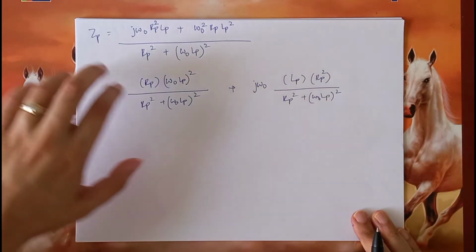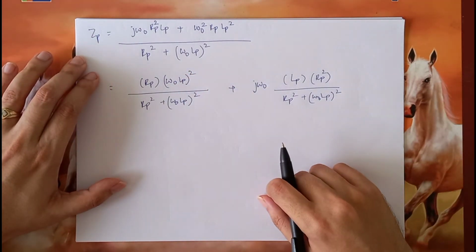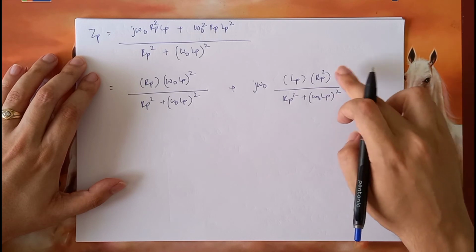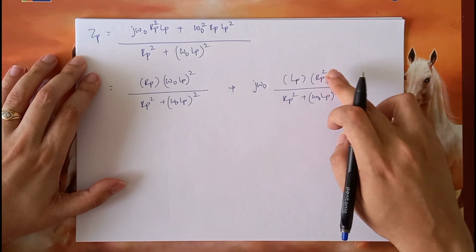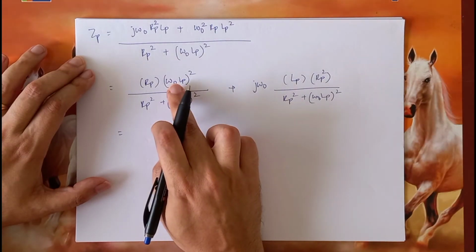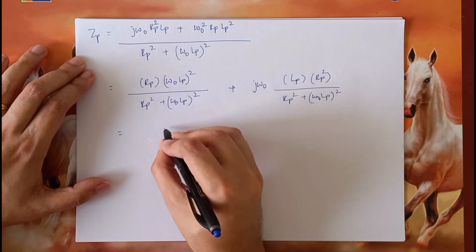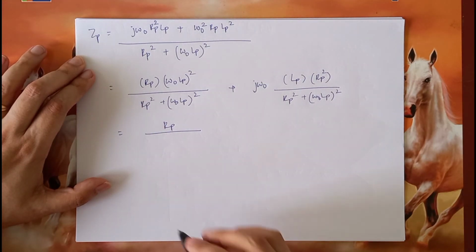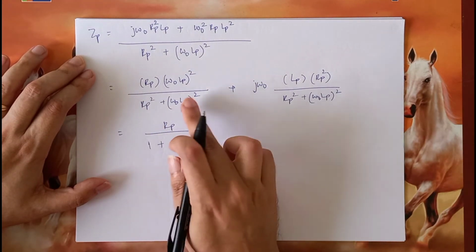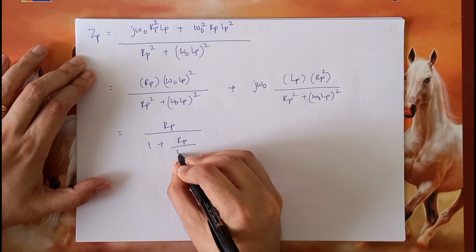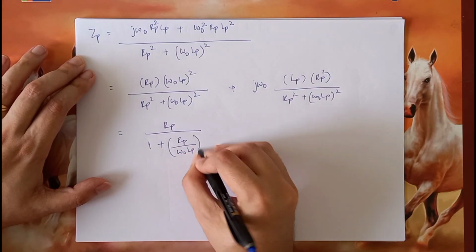Now for this first term, let us divide both numerator and denominator by omega 0 LP square, and over here let's divide the numerator and denominator both by RP square. So therefore this gives us, if we divide by this quantity omega 0 LP square, the numerator will stay as RP and the denominator will be 1 plus RP by omega 0 LP the whole square.